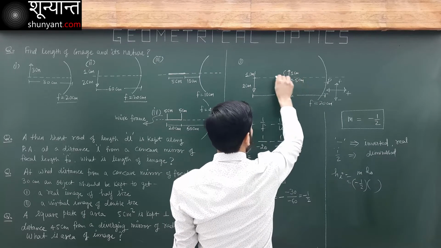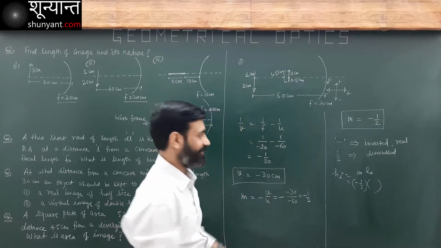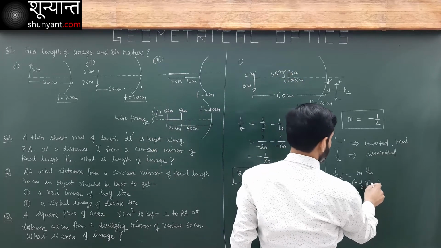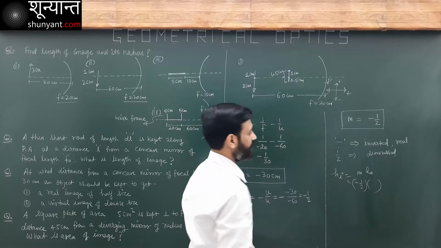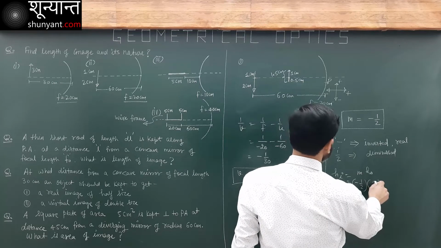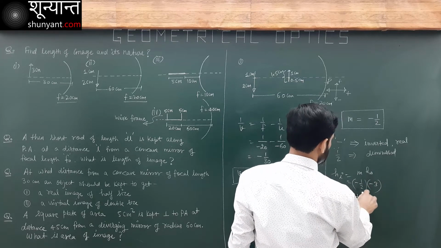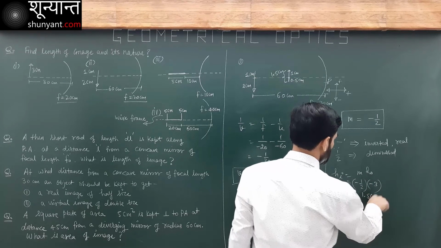What is the total? 1.5 centimeter. I can directly write it. If I look at only the magnitude, it is going to be inverted, and this is a minus 3. It becomes plus 1.5 centimeter.